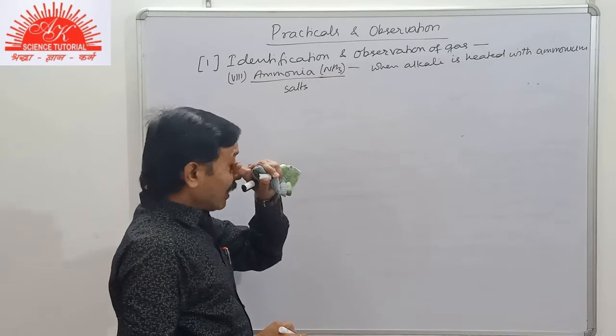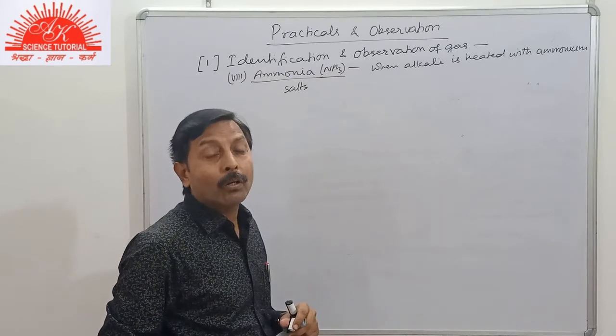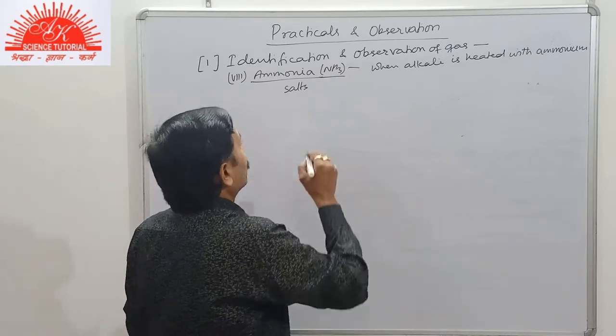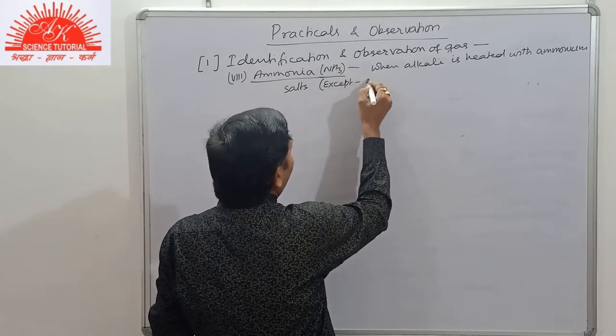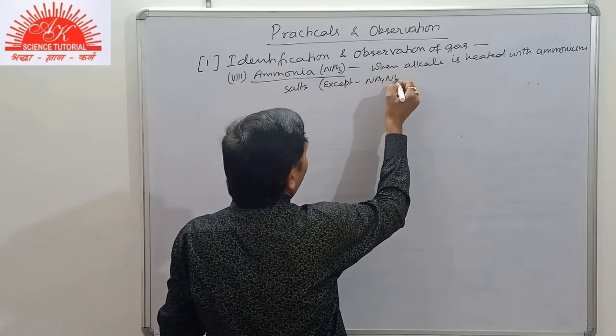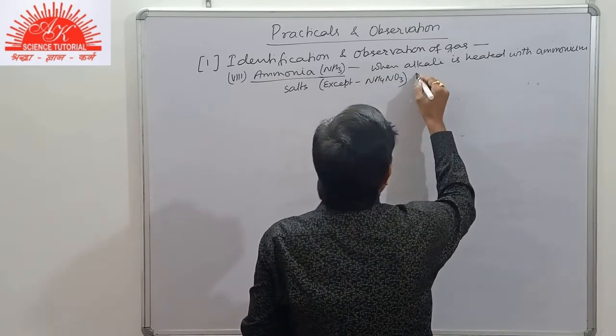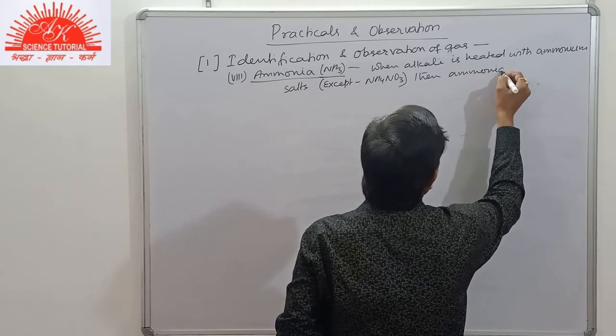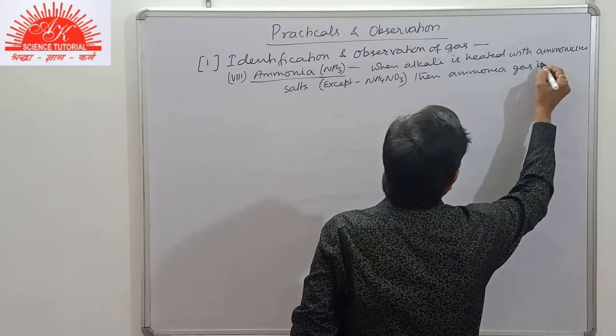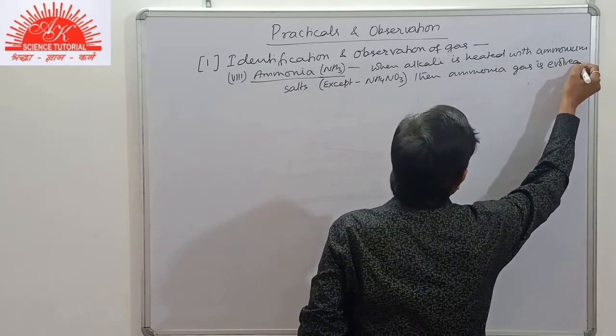Actually, in this case, ammonium nitrate is not used because it will be explosive, except NH4NO3. Then ammonia gas is evolved.